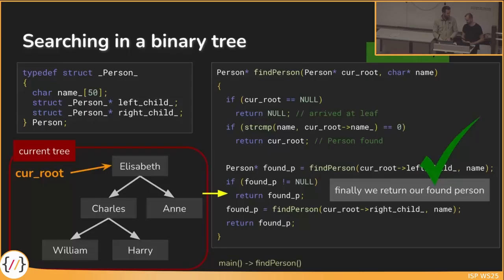And in some IDEs, for example, they print the call stack, so all of the functions you're currently in. And in this case, you would have seen main, find person, whatever. So that's also a hint to see how deep you're currently in the recursive functions.